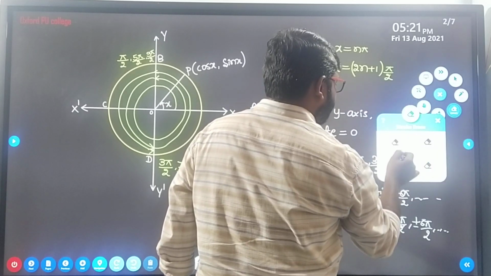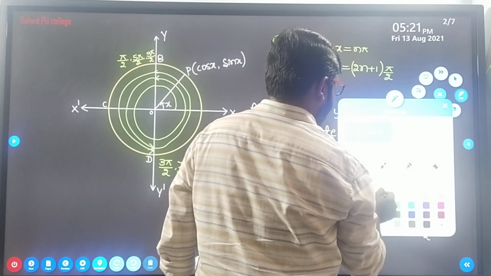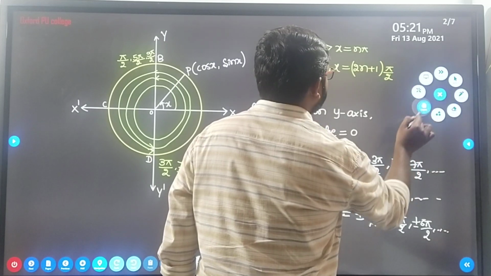Now can we generalize this? Yes, we can generalize this formula.